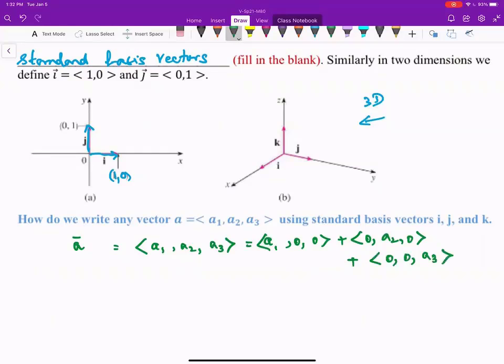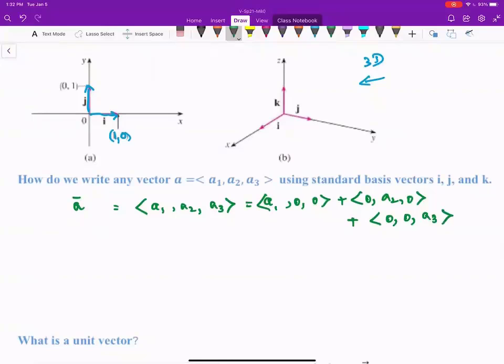I can write A1, A2, A3 as a sum of three vectors like this. Because what is vector addition? You just add the corresponding components. So A1 can be written as A1 plus 0 plus 0.